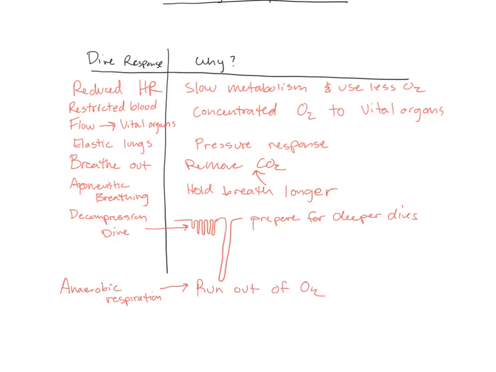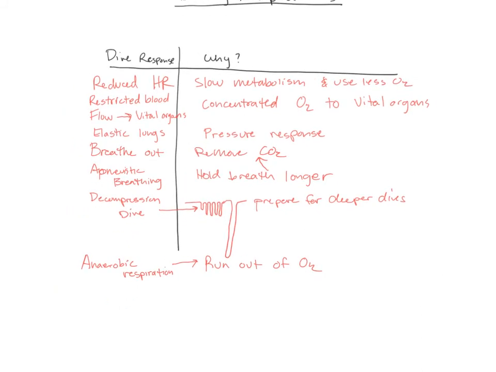They still have a lot of anaerobic methods that they can turn to, and so they have a high tolerance for lactic acid. They also are able to store oxygen in both hemoglobin, which is found in the blood, and myoglobin, which is found in the muscles.